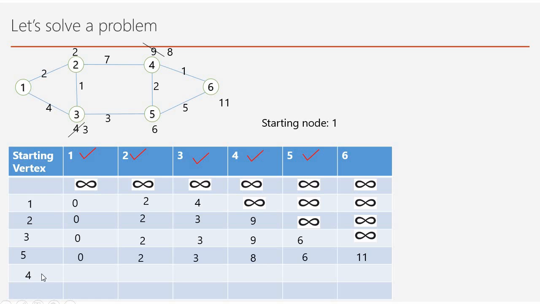Once you take node 4, as nodes 1, 2, 3, 4, 5 are already visited, just keep their values as they are. And now let's find the neighbors and update the values. For node 4, node 6 is a neighbor and node 5 is also a neighbor, but node 5 is already visited.